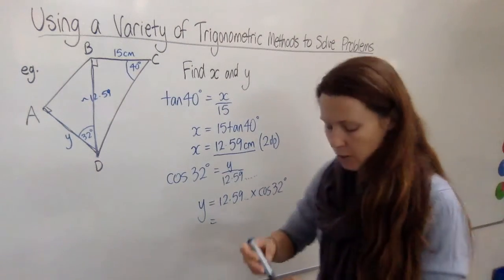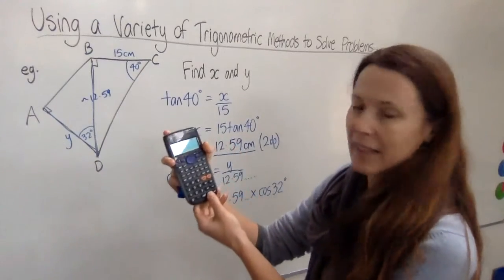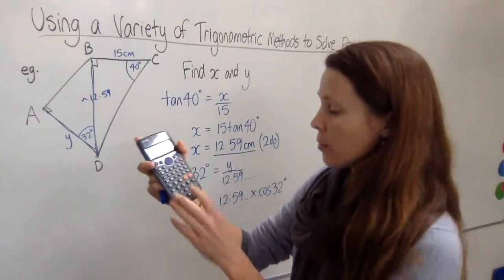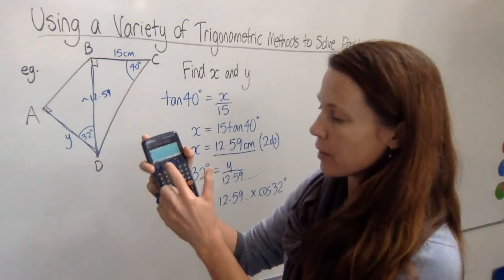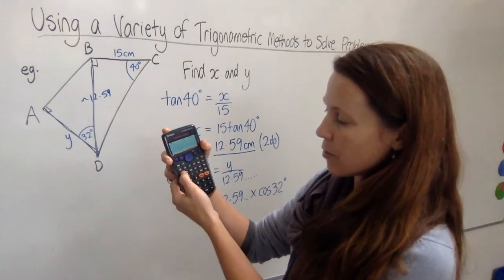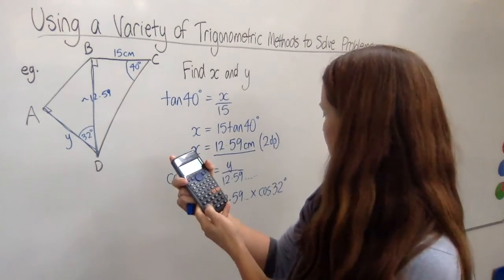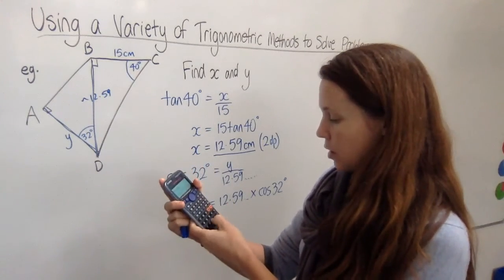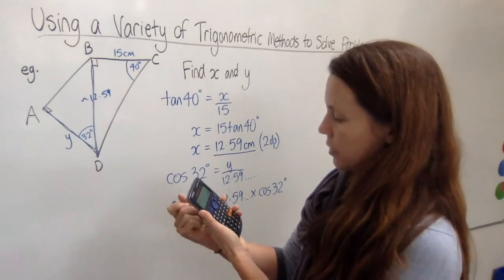Now at this point, when you reach for your calculator, you can get that value back up just by hitting the answer button. That's one way. But the other way that you now know is you could press the alpha button, which is the red button, which allows you to use the red A, and just type in A. Now hit times cos 32, and our answer comes up 10.67.